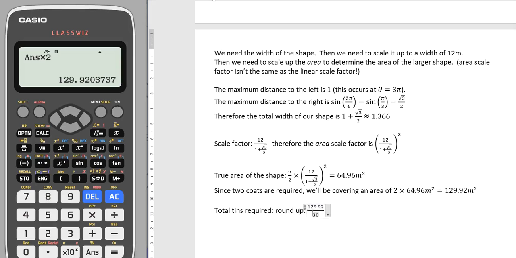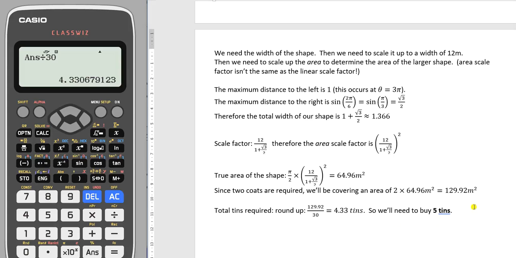We know we need to round up because this number will tell us exactly how many tins we're going to be using. But if we get a 4 point something, we know that means we'll need more than 4 tins. If we only bought 4 tins, we wouldn't have enough. If we buy 5 tins, we'll have about 2/3 of a tin left over.